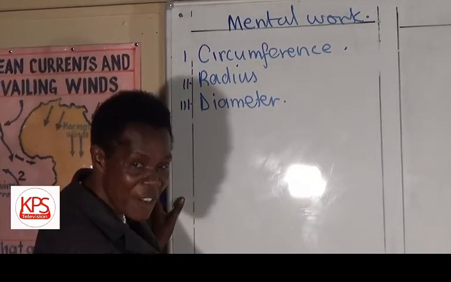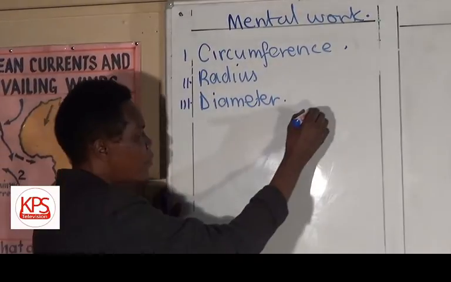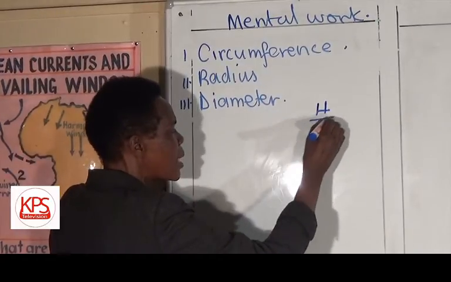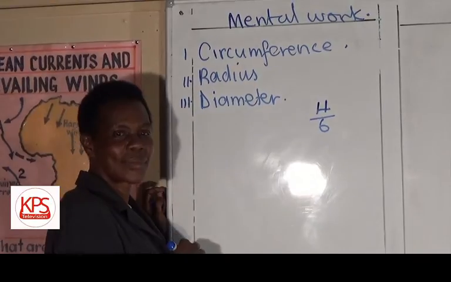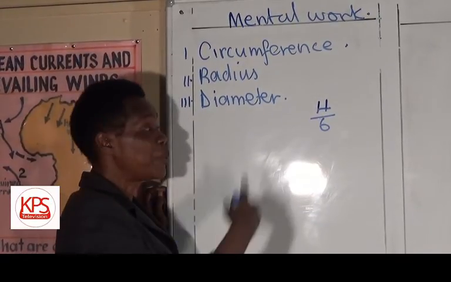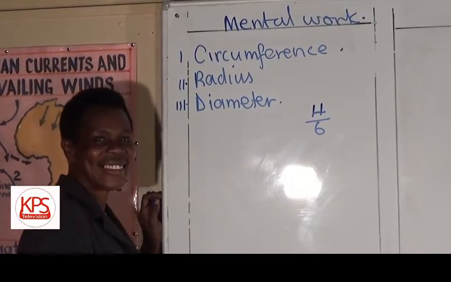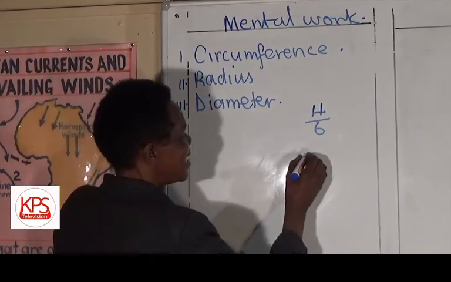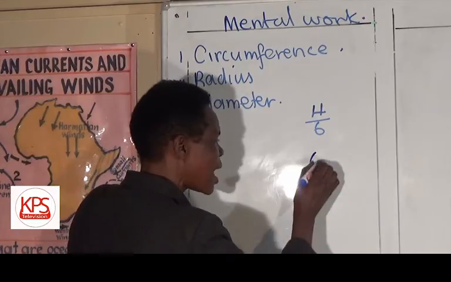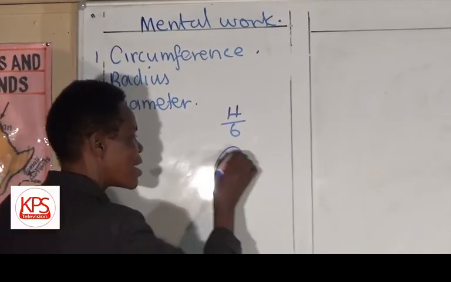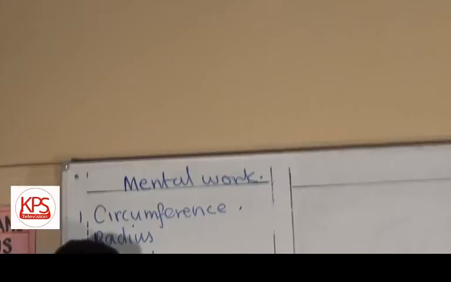And what you have got, if you have got 4, write 4 out of 6. You can put there good if you want. If you have got all of them, it means you're going to write 6 out of 6. And write there, very good.